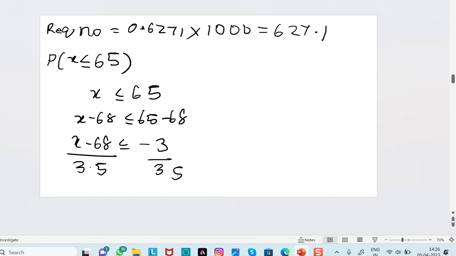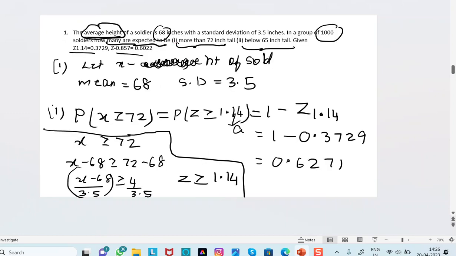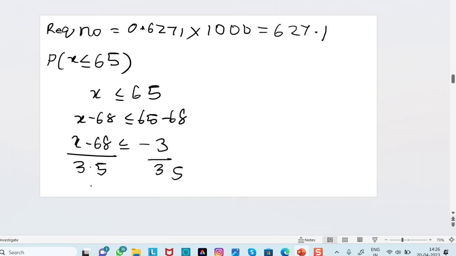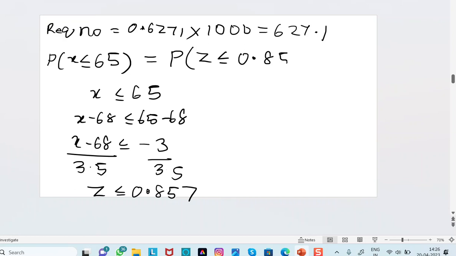Now 3 divided by 3.5 is 0.857. So this is nothing but P of Z less than or equal to 0.857.